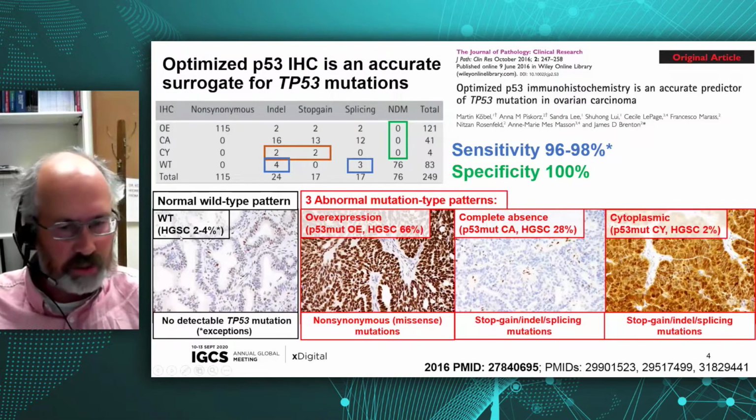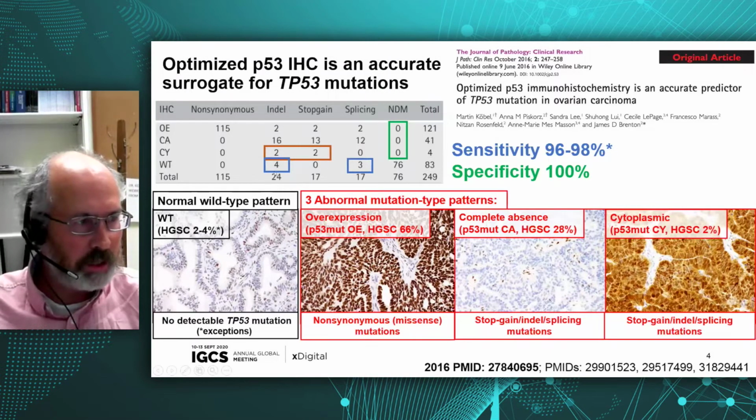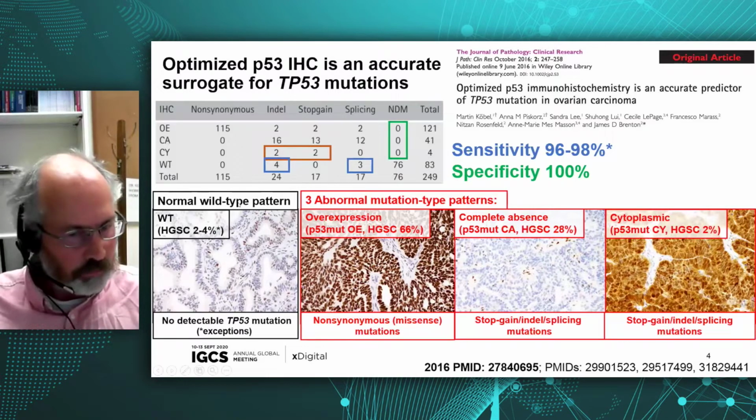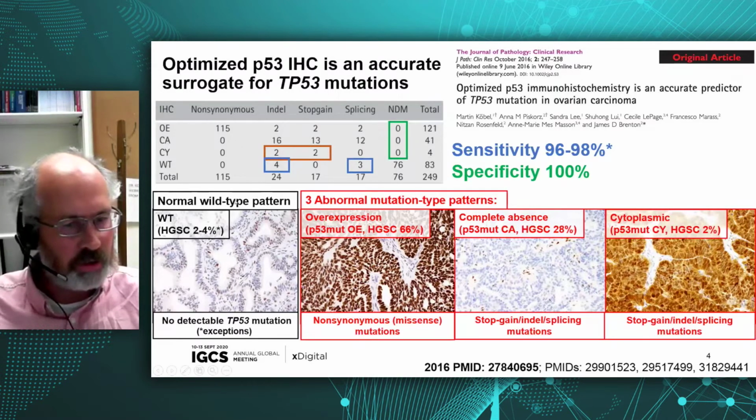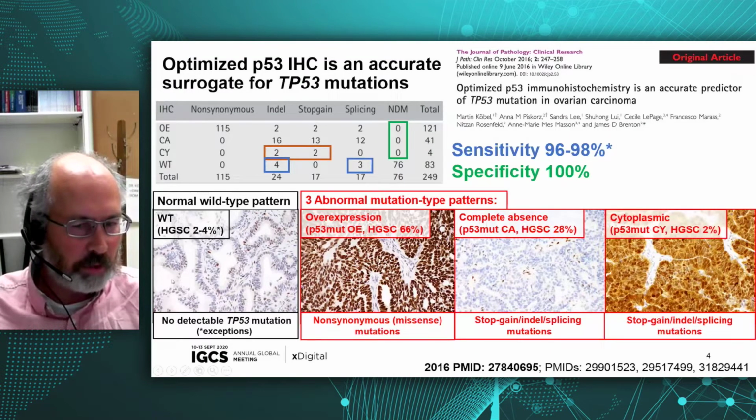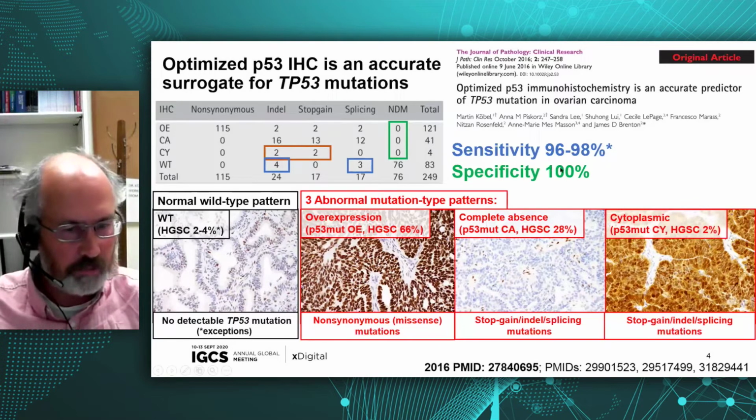However, a few high-grade serous carcinomas, those with splicing mutations or with C-terminal truncating mutations that result in a truncated mRNA not undergoing nonsense-mediated decay, will express a truncated but non-functional P53 protein showing up as a normal wild-type pattern, which limits the sensitivity.